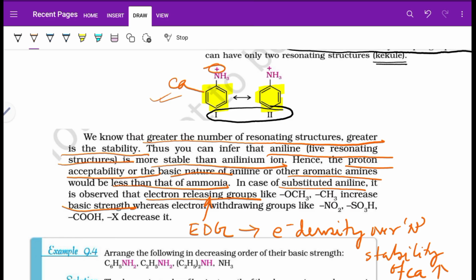On the other hand, presence of an electron withdrawing group will actually decrease the basic strength of the arylamines on account of the decrease in the electron density over the nitrogen atom.